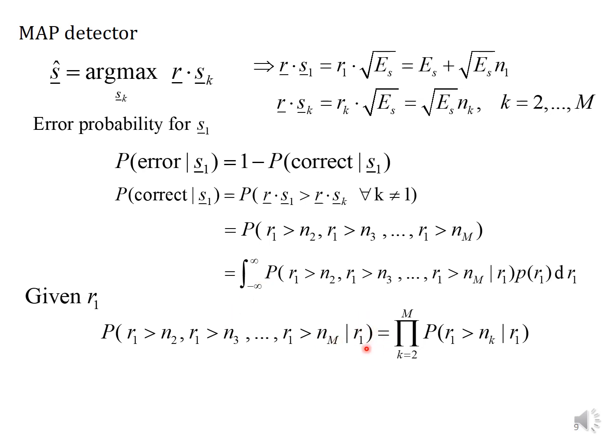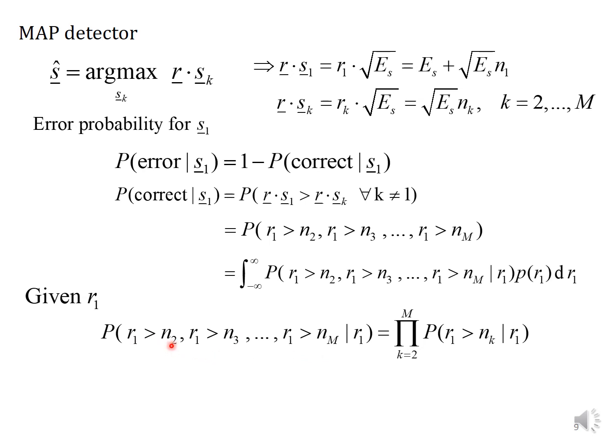Given this value of R1, we have this joint probability to be satisfied for correct detection. The joint probability of these events consists of independent events. Why are they independent? Because each dimension is orthogonal.